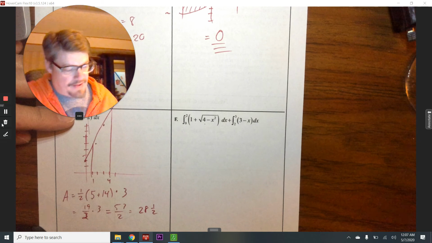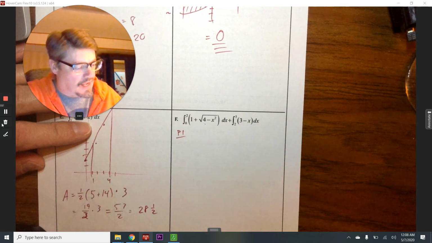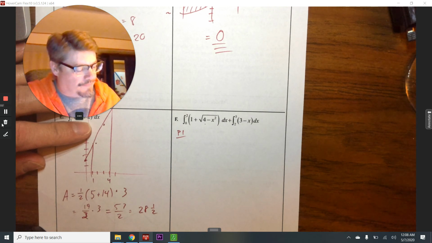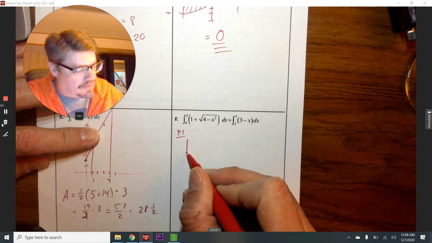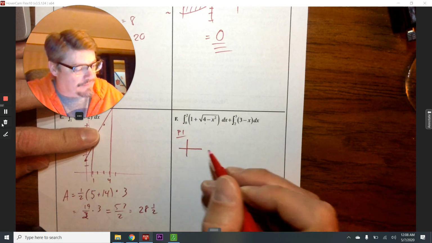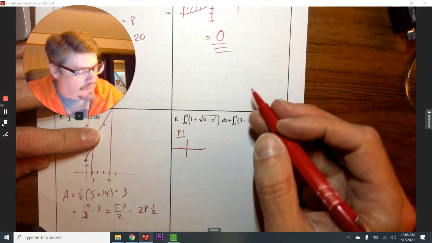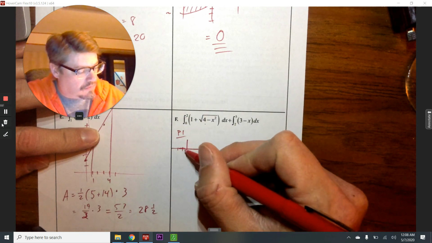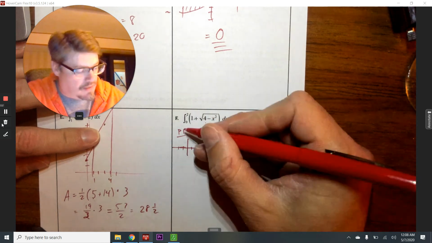We're going to go ahead and do a part 1, which is this guy. What we did here is we have a circle again, half a circle with a radius of 2, but with the plus 1, we've raised it up 1.